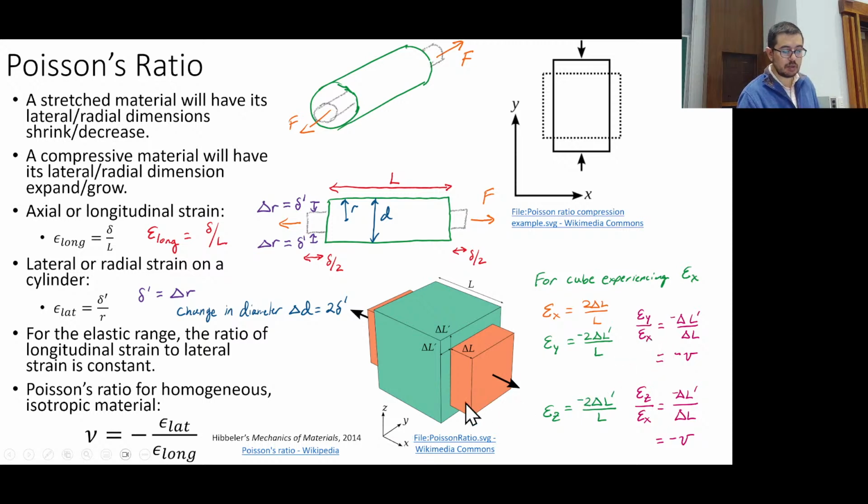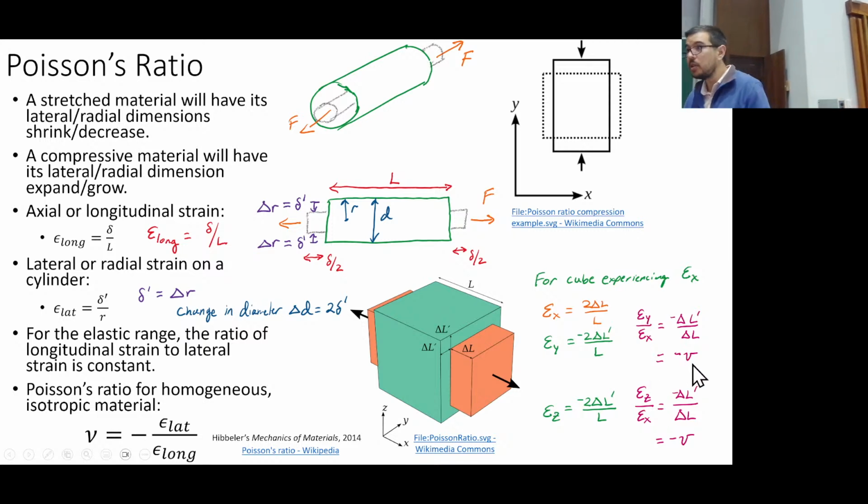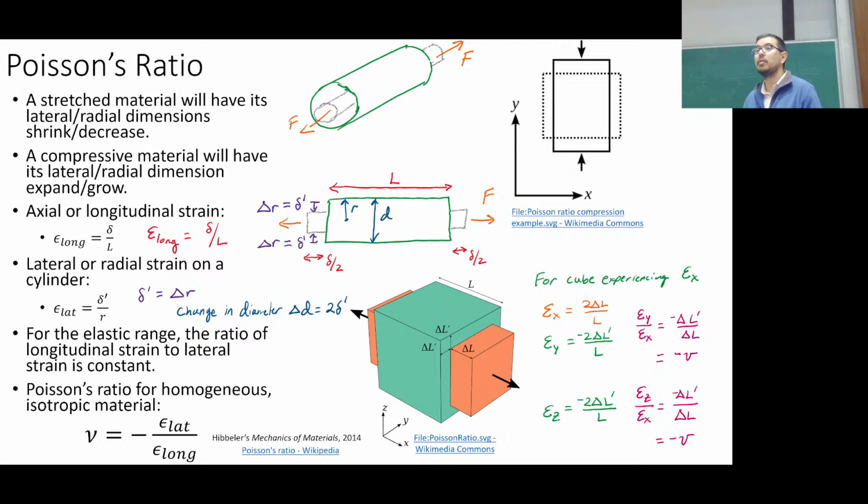This is the x direction, this is the y direction. We would have minus delta L prime over delta L, and that's going to be minus nu. One of these is positive and one is negative, so this is a negative quantity. So it's got to be minus nu, the Poisson ratio, which is a positive quantity.